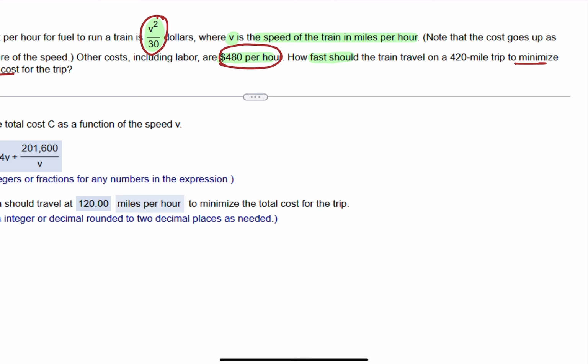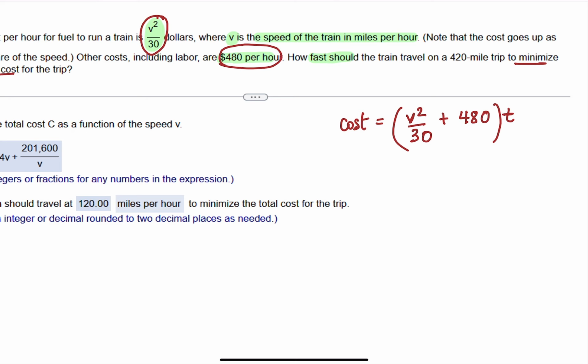So the cost here is V squared over 30 plus 480 for every hour. Do I know the time? No. So the time here is T. If it's 1 hour, it's going to be V squared over 30 plus 480.